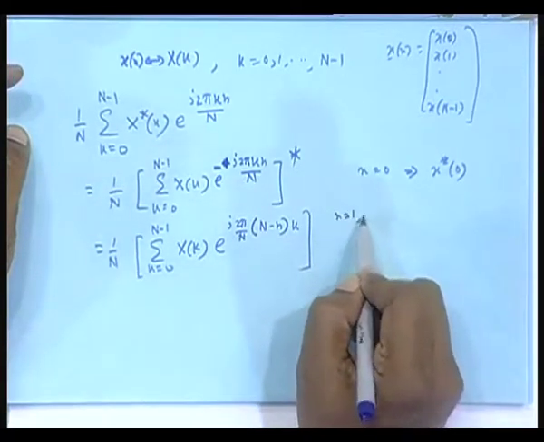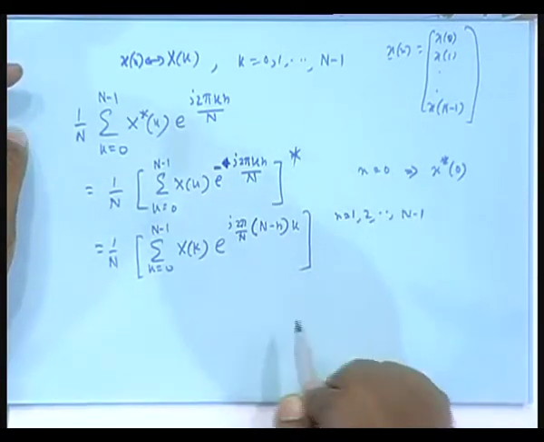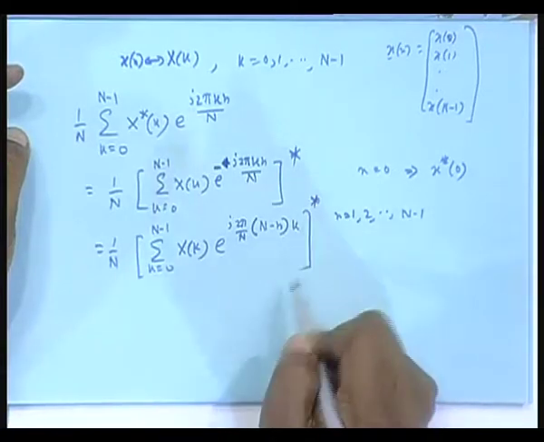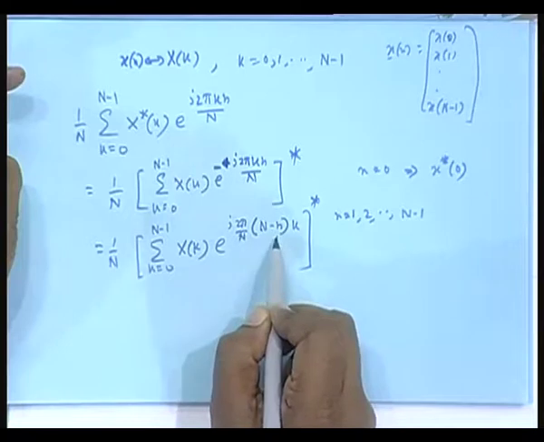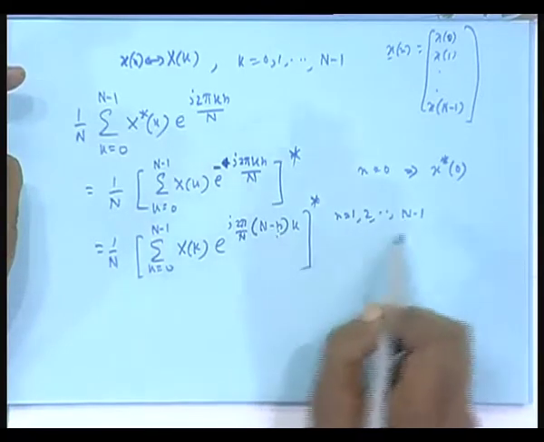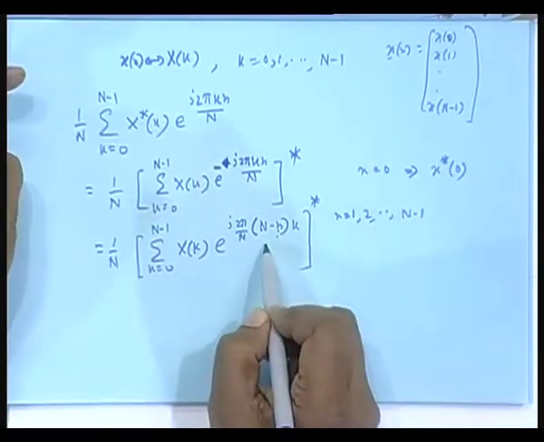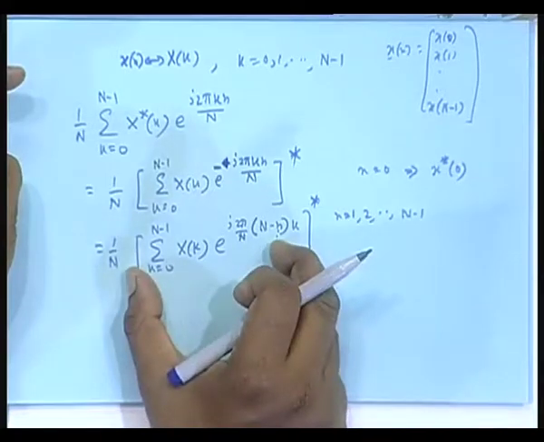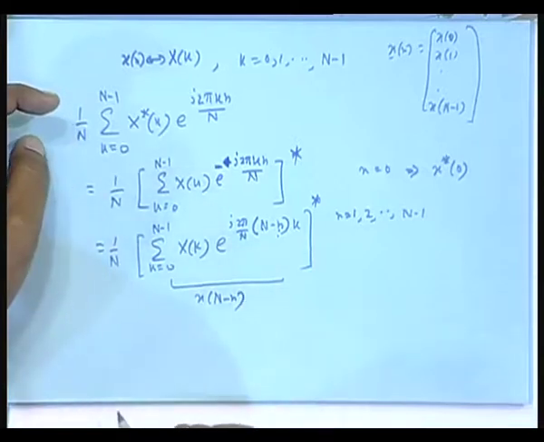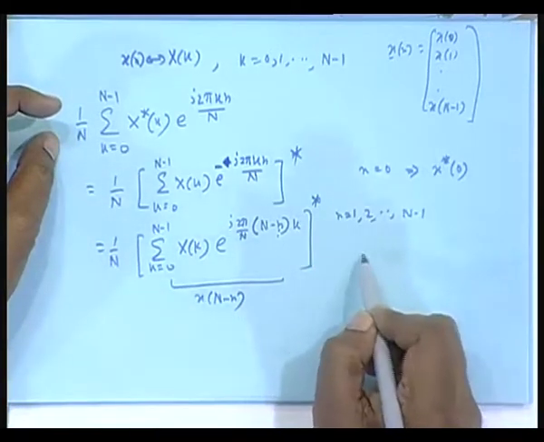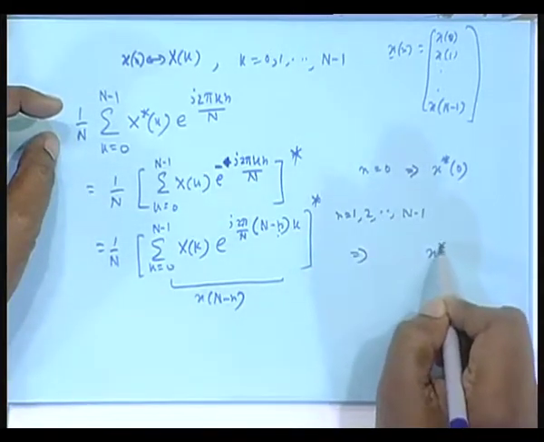Here n equal to 1 up to capital N minus 1 and a star. So, n equal to 1 means capital N minus 1, n equal to 2 means N minus 2, dot dot dot, n equal to capital N minus 1 means 1, and this gives rise to x of.